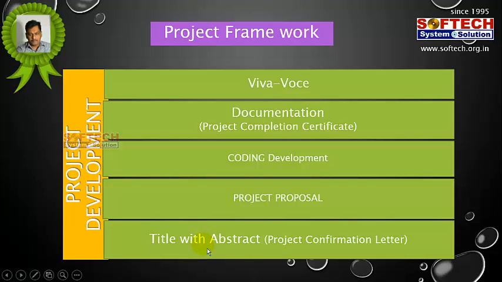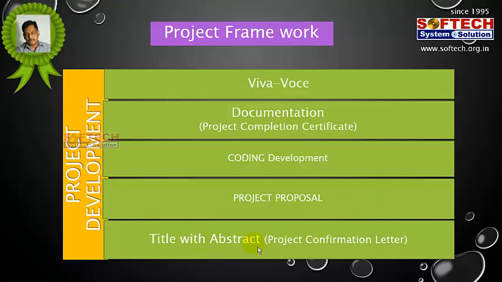You want to analyze that problem and write the short description. The student gives the title for the project. The title is related to the problem. So title with abstract, the existing system with demerits, the proposed system with merits. This is step 1.